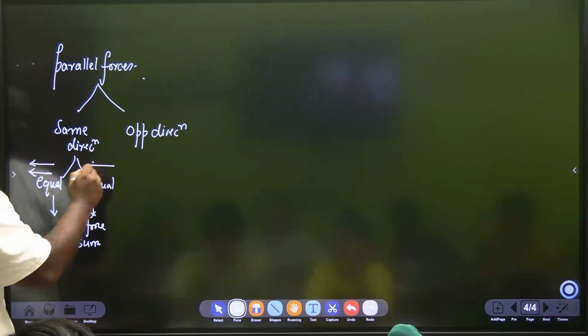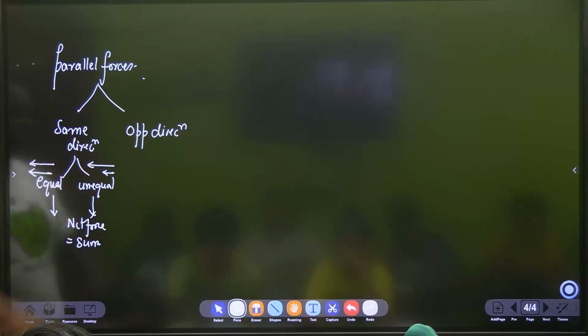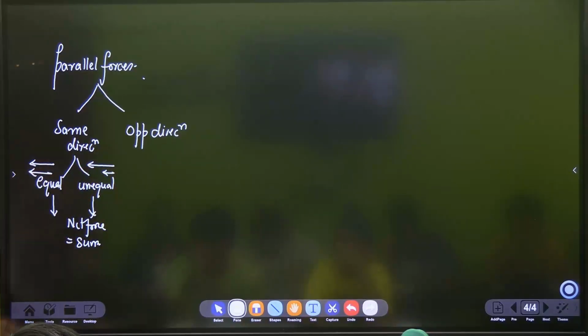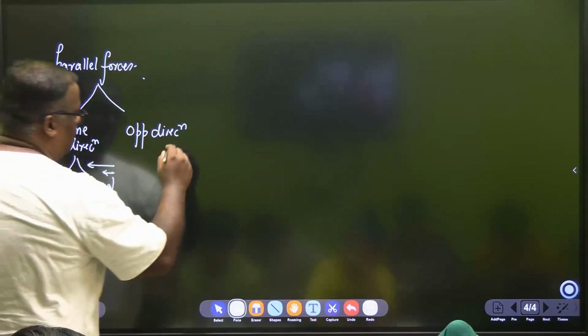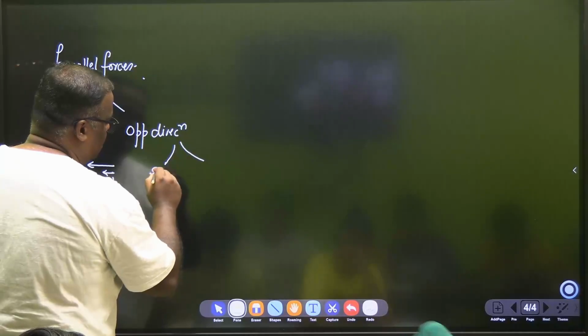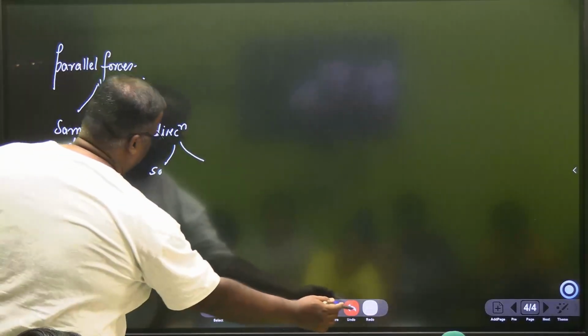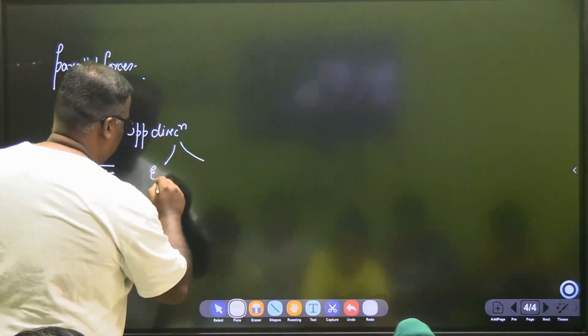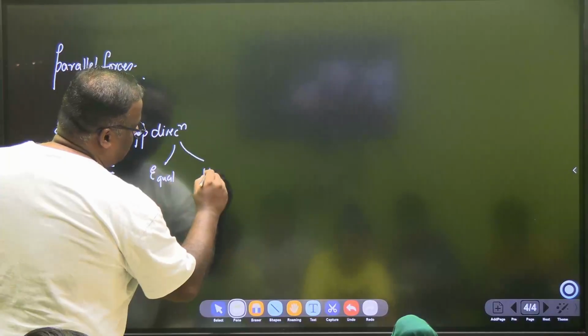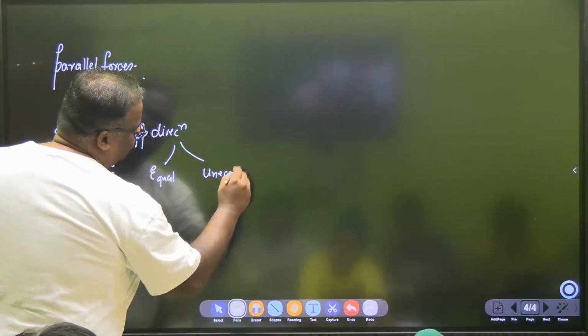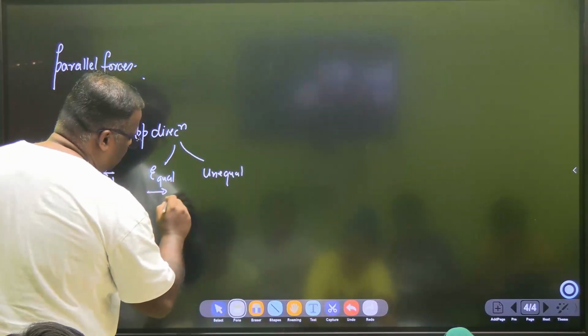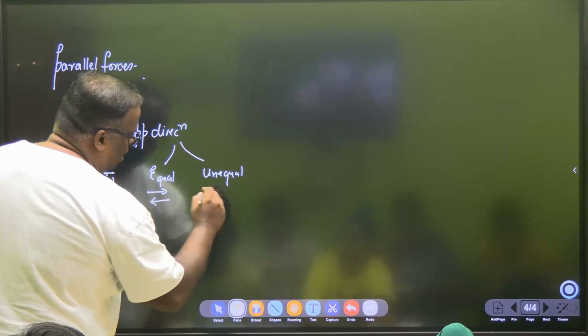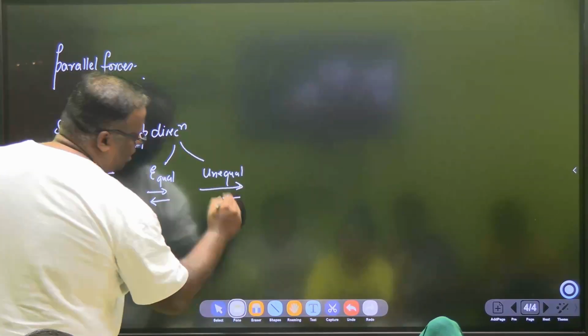Unequal means one is like this, one is like this. Same direction. In both the cases, the net force is the sum. देखो ये एक diagram देखने से आपका पूरा story clear है. Opposite direction. In opposite direction, they can be equal or they can be unequal. Figure draw कर लो. Equal होगा तो कैसा होगा? They will be just like this. Unequal होगा तो कैसा होगा? They will be like this.